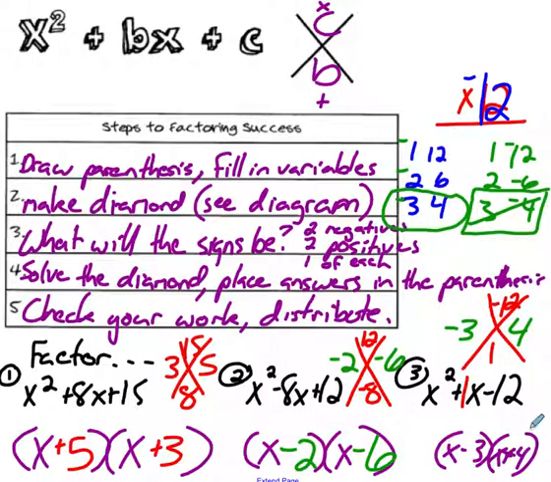I started mentally checking it, and I realized that I was in trouble because when I take negative 3 times a positive 4, then I get a negative 12. So that needs to be positive. And then when I add these together to try to get that 1x, yeah, if it's a positive 4, that's 4x. And then plus negative 3x is 1x. So that is correct.